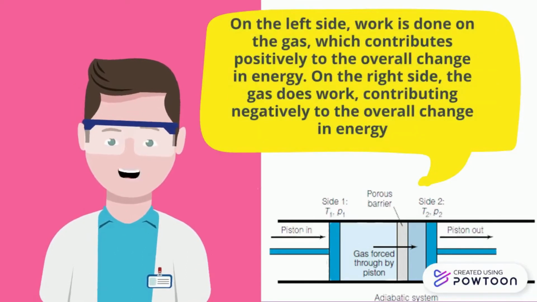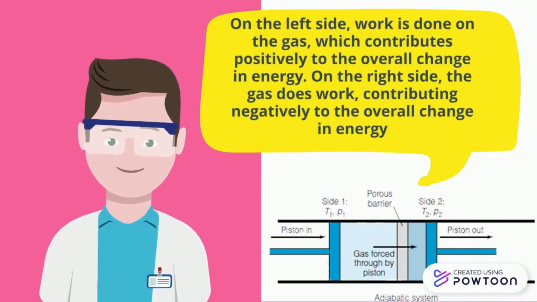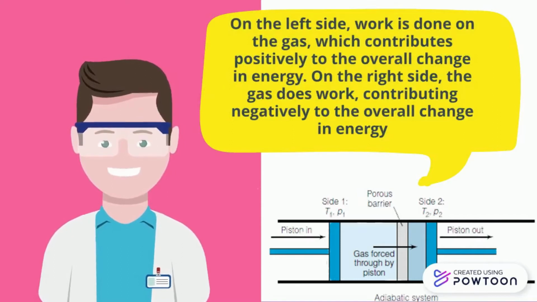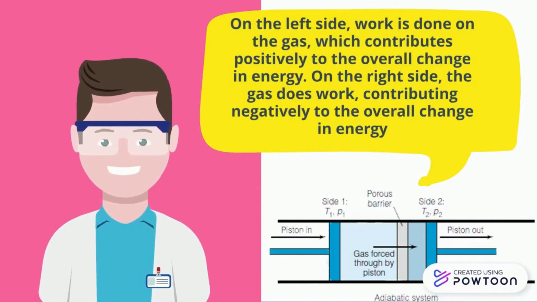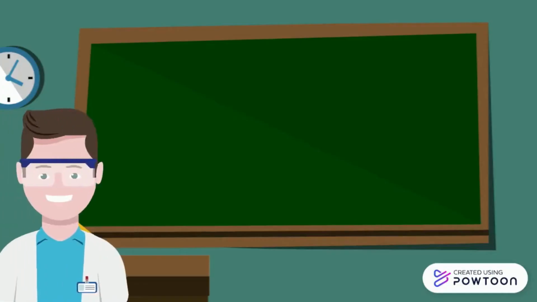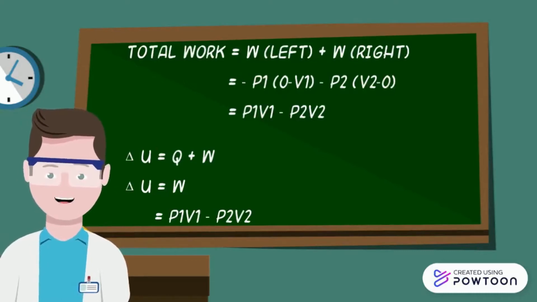On the left side, work is done on the gas, which contributes positively to the overall change in energy. On the right side, the gas does work, contributing negatively to the overall change in energy. The total work done in this process is equal to the work done on the left side plus the work done on the right side.